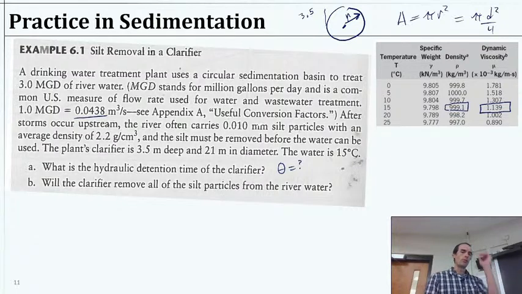And as a little reminder, when it says, will it remove them, what we ought to be thinking about is V naught versus Vs. I was writing Vs to make a comparison. So we're going to compare Vs to V naught in some manner to answer that question.